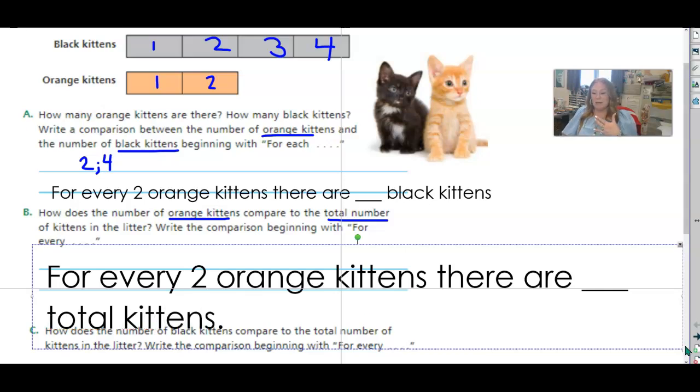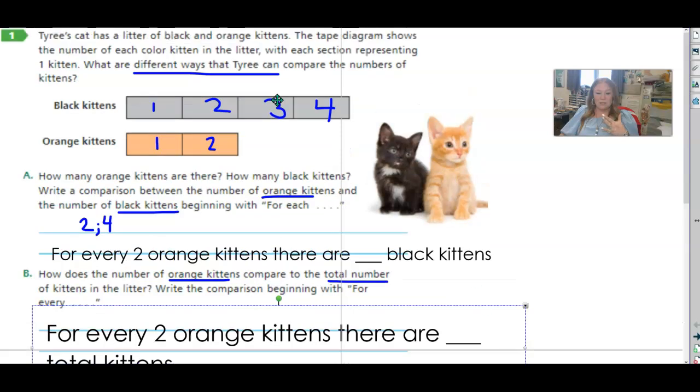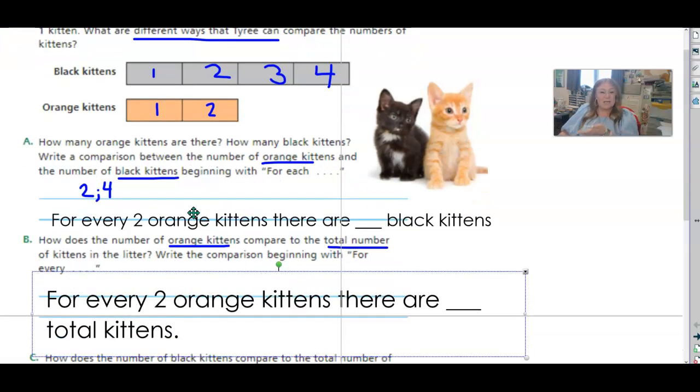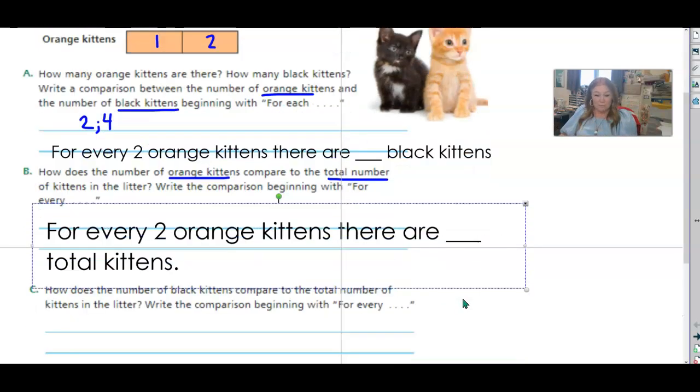So this time we're comparing orange to the total number of kittens. So we want to put the black and orange together and add the black and orange together. So this time we're not going to write the number 4 because it did not ask us about the black kittens. It asked us about orange to the total.